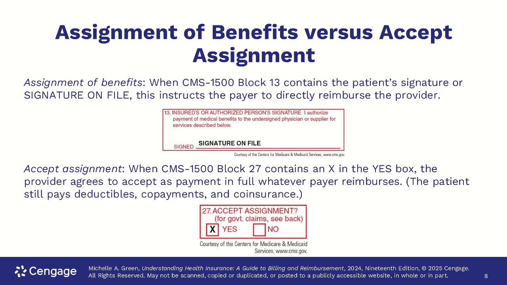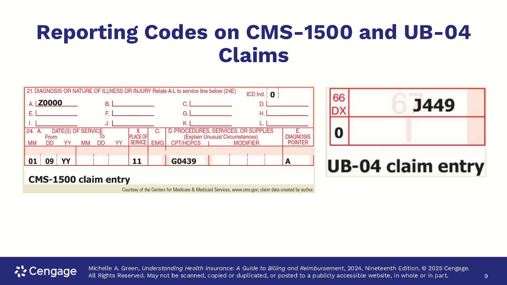For example, when a patient signs in, we register them, and we have their signature on file. Accept assignment here means we are saying that we accept what they pay us as payment in full. The patient is still responsible for their part, but we're talking about what the payer pays us. And remember, I talked about those fee schedules in the last chapter. With the fee schedules, we know how much we're going to get paid, no matter how much we charge.